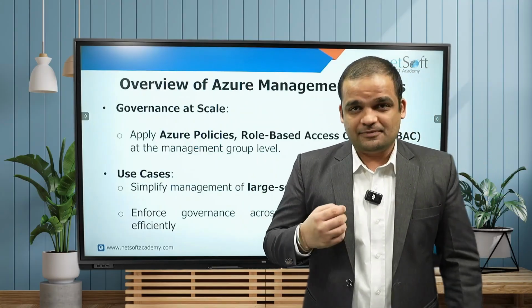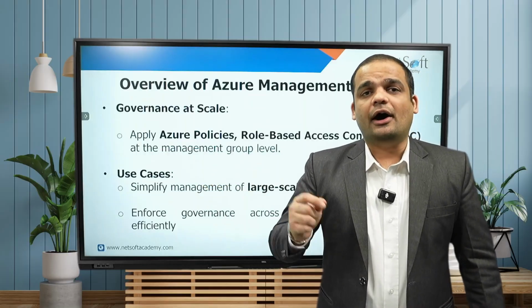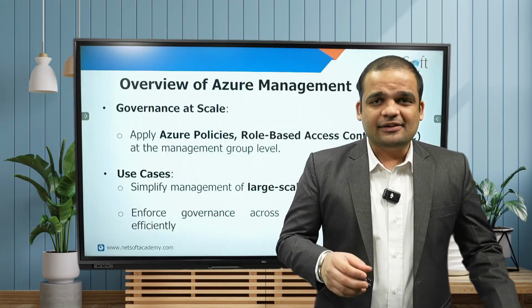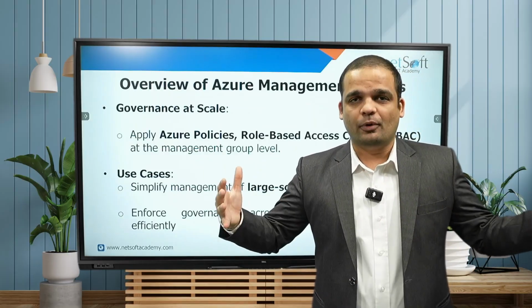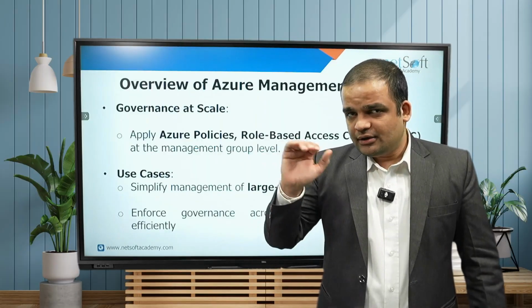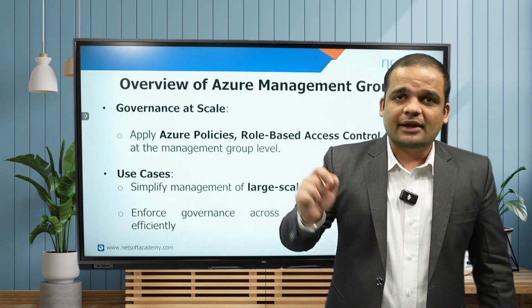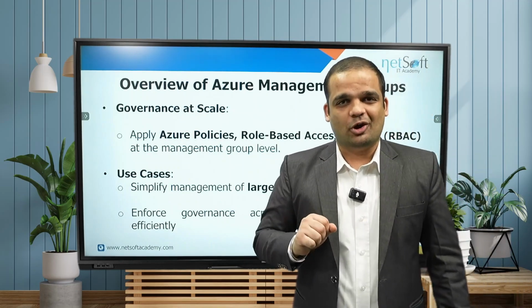Yes. With a management group, you can apply any of your policy or RBAC solution. This allows you to manage governance at a bigger scope, ensuring that each subscription under that management group inherits all the policies and all the restrictions along with it.